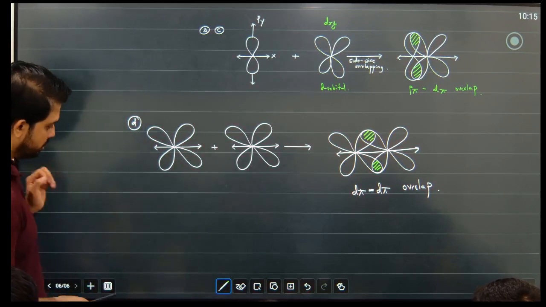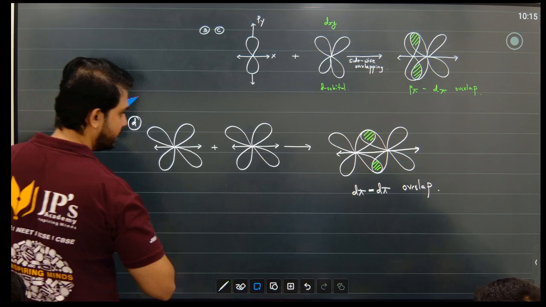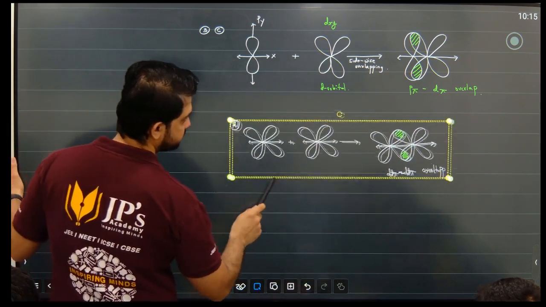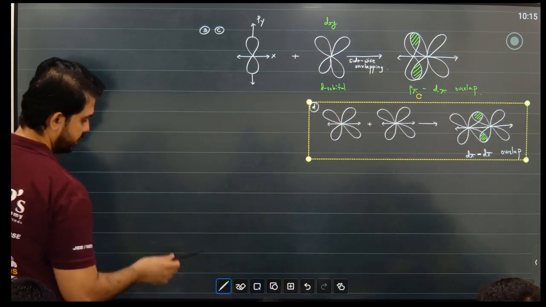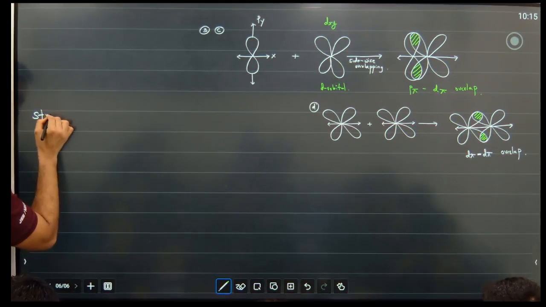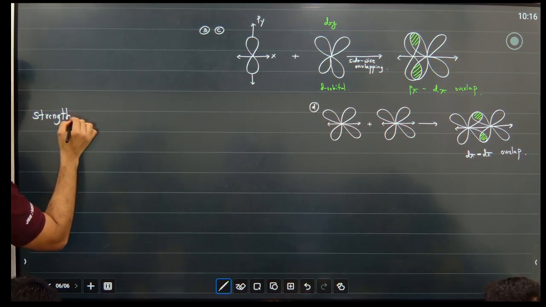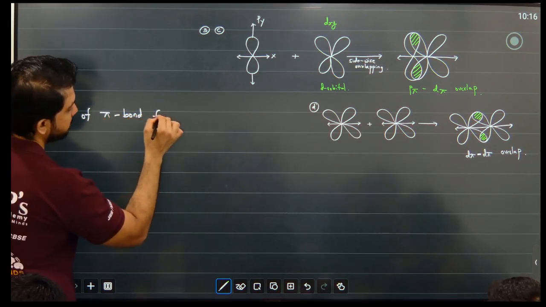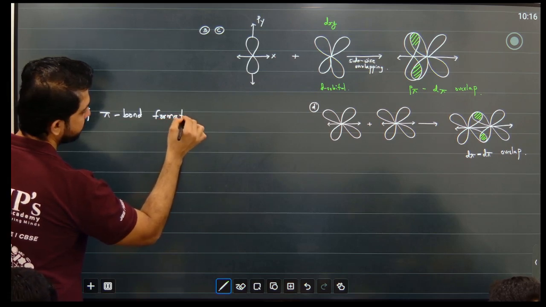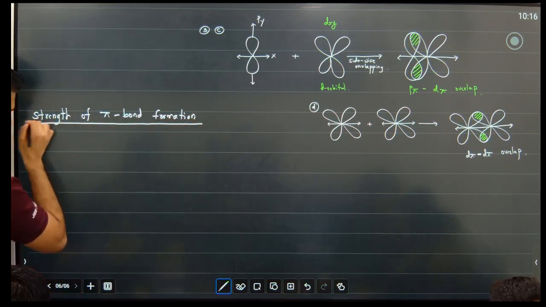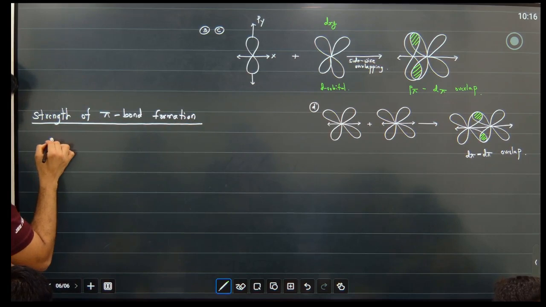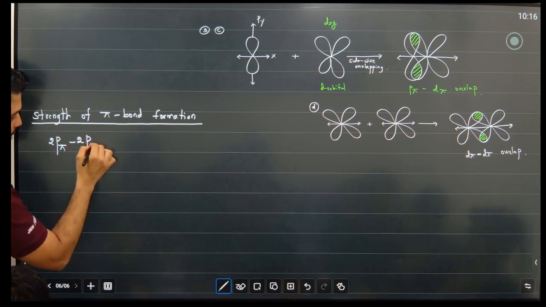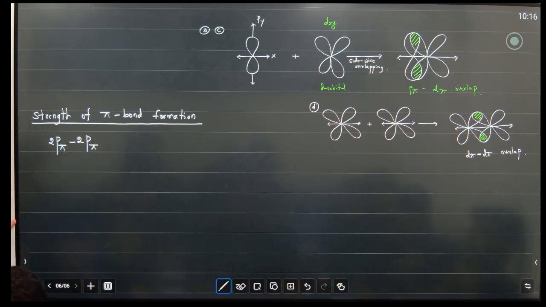Okay? Now, if I compare the strength of pi bond formation, the strongest pi bond is between 2 p pi and 2 p pi.